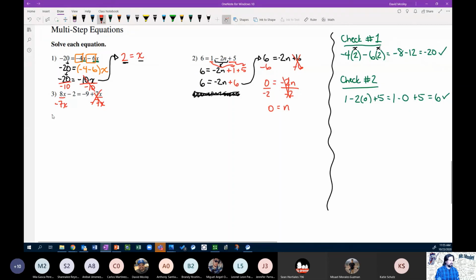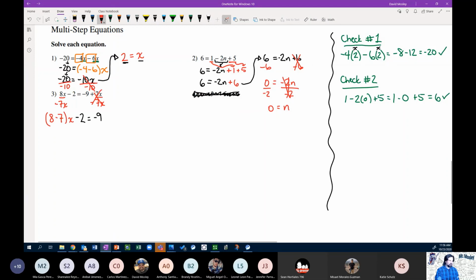And we see that as we have 8 minus 7 x, right? The minus 2 comes down from here, equals negative 9.